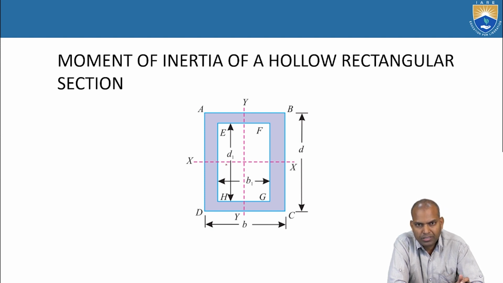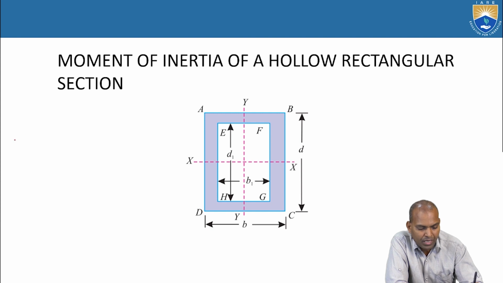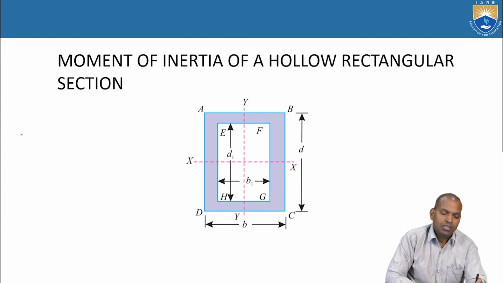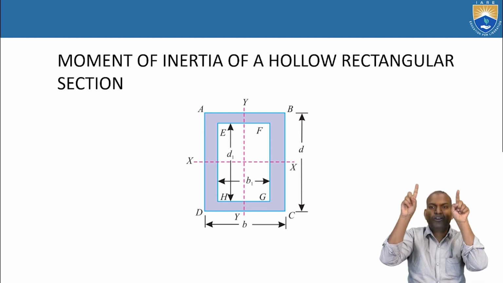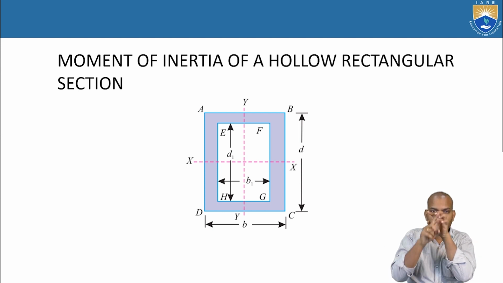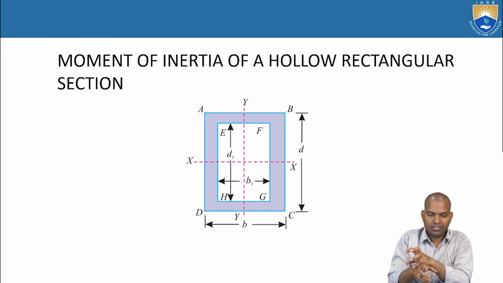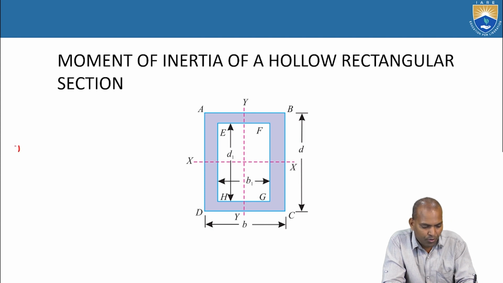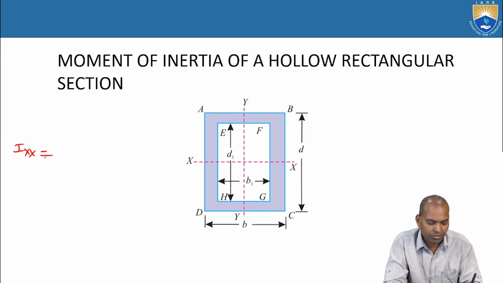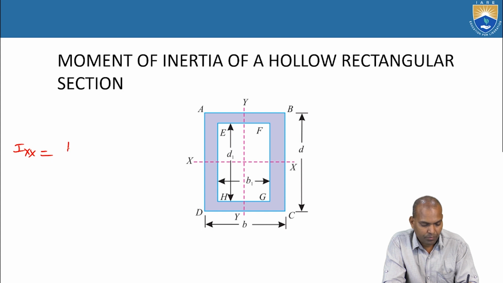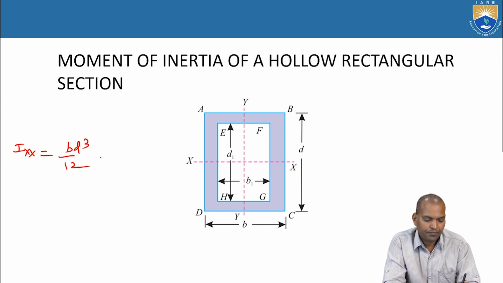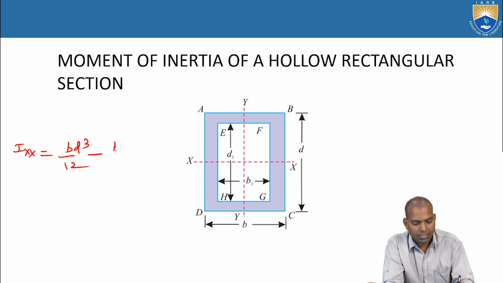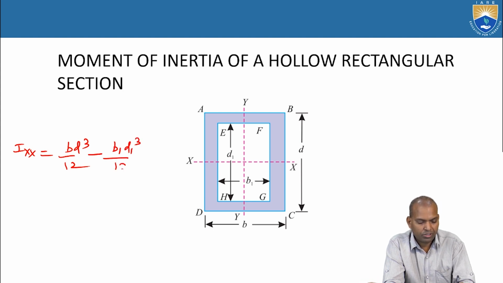No need to go through all these concepts for the expressions. We already know the moment of inertia of a solid section. What we are going to do is subtract the inner smaller one from the larger one. About Ixx, parallel to XX, that is B D cubed by 12, from that you subtract the smaller one, that is B1 D1 cubed by 12.